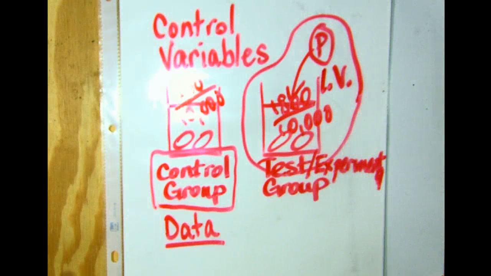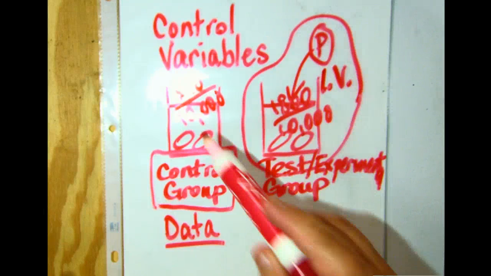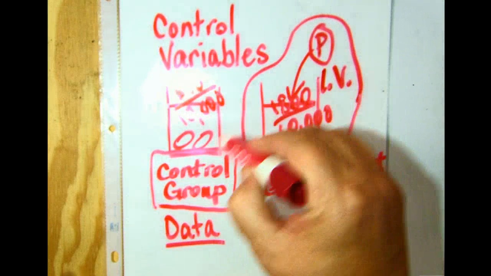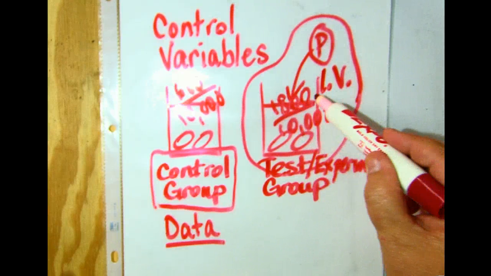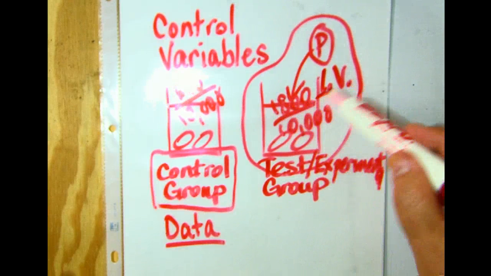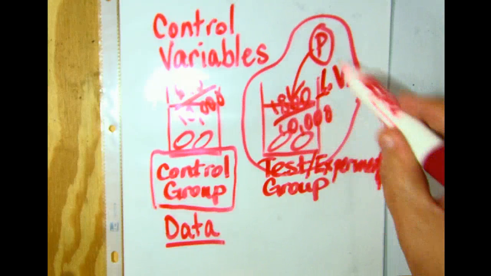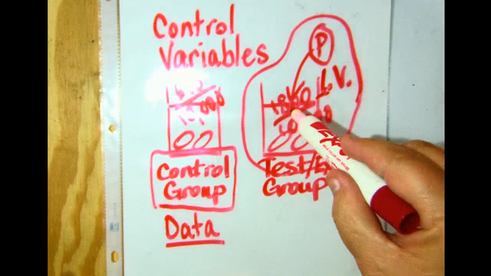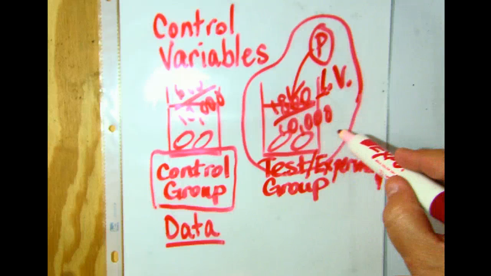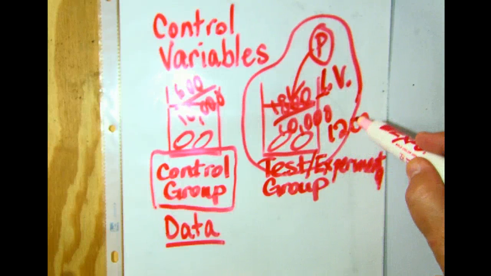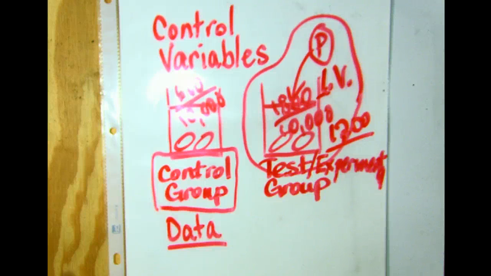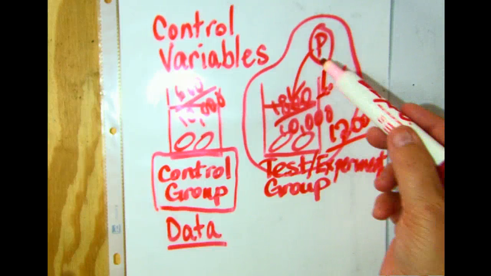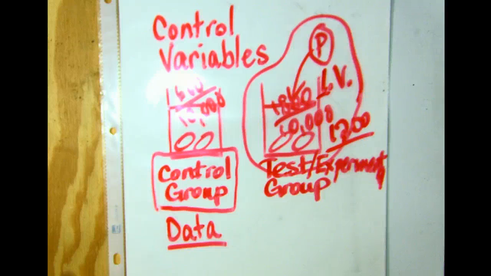And in order to collect proper data, we have to remember that naturally, about 600 mussels will die. So we have to take that number out of this number so that we get an accurate picture of about how many mussels did not die of natural causes. So about 1,200 mussels did not die of natural causes. And we might be able to say that, well, it could be the phosphate that is causing those other 1,200 mussels to die.